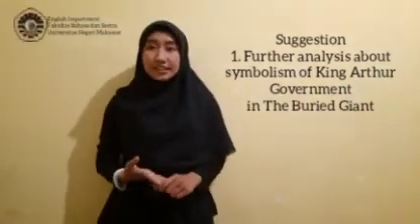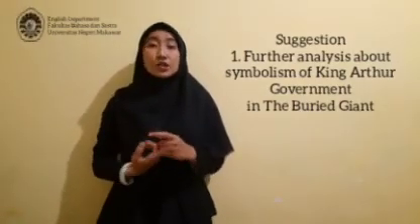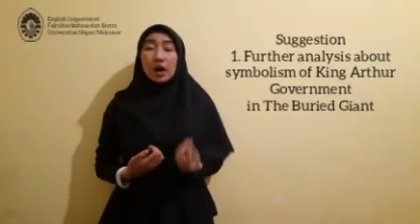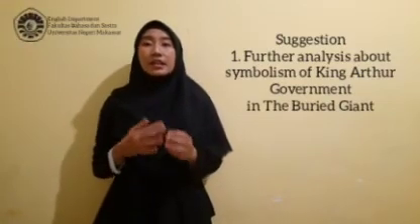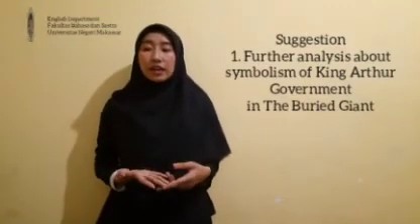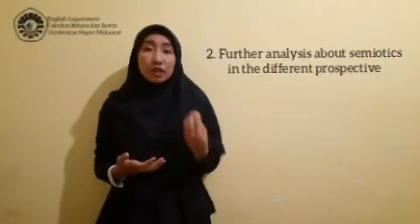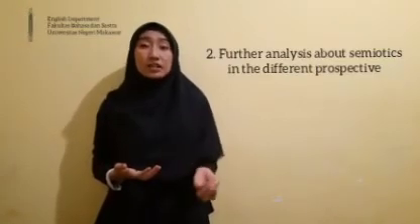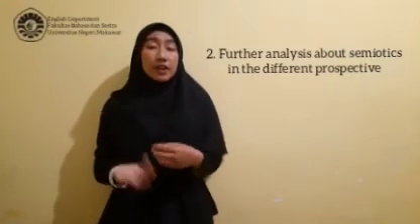For the suggestions, I have 2 suggestions for the readers of my research. The first one is Kazuo Ishiguro's novel. We know that it is quite a new novel because it was published in 2015 and it contains a lot of information and semiotic symbolic aspects which still have to be analyzed in depth. Besides that, there is symbolism related to the King Arthur government in the Middle Ages, which can be investigated by another researcher.